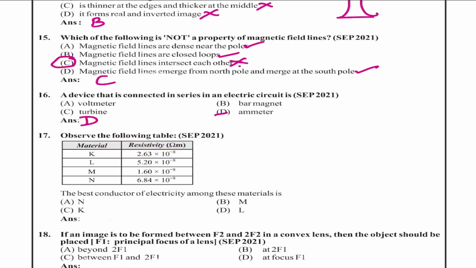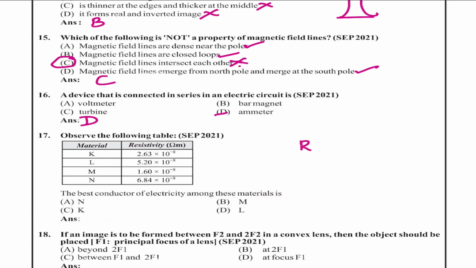We very well know that resistivity depends on the type of the material. Hence, it is different for different materials. The best conductor of electricity among these materials is.